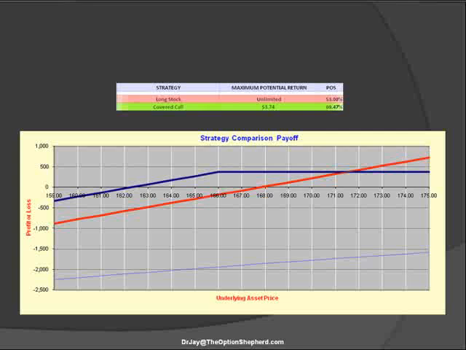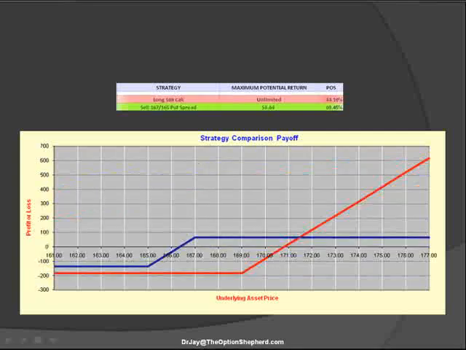Namely, the long stock strategy requires SPY to move up 4.675 times further than the covered call to catch it. You can see the long stock strategy starts to be a losing trade when the price falls below 168, while the covered call is profitable down to 162 and change. The chart shows the debit trade carries a dollar for dollar greater risk.